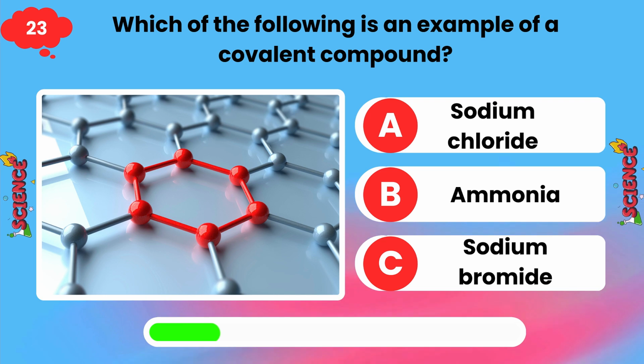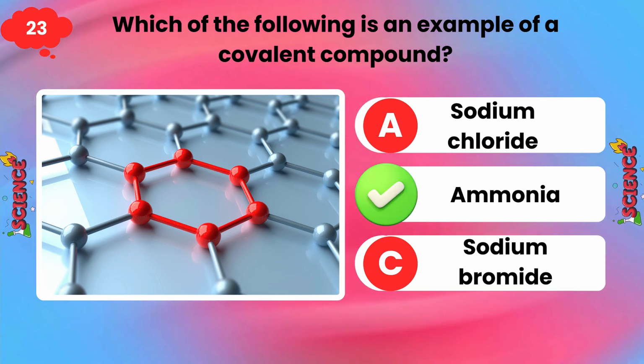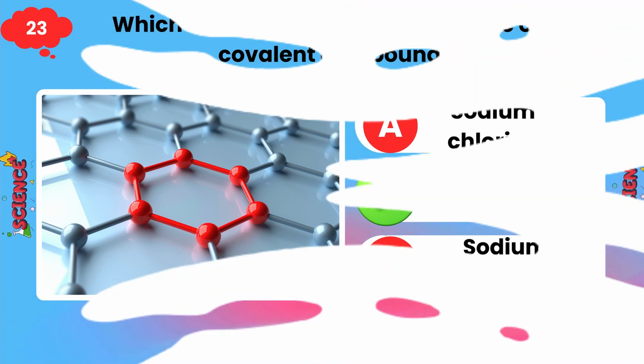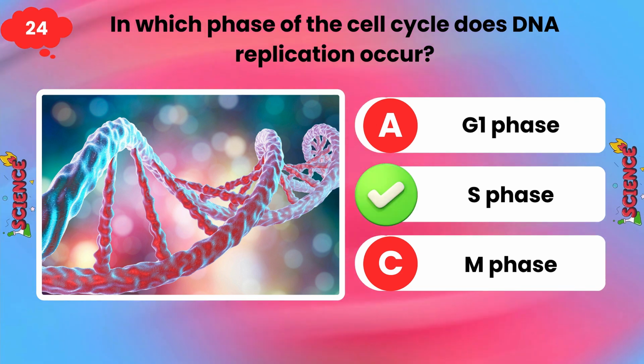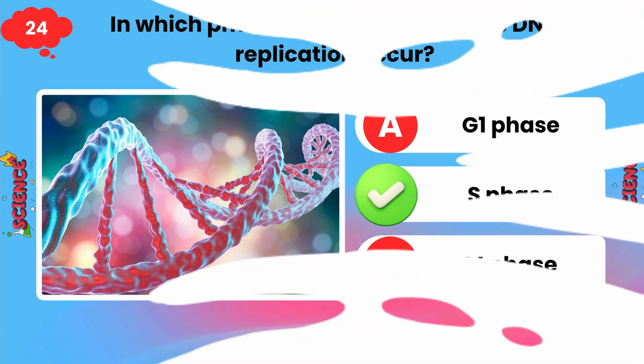Which of the following is an example of a covalent compound? Ammonia. In which phase of the cell cycle does DNA replication occur? S phase.